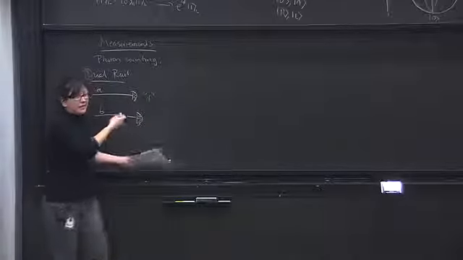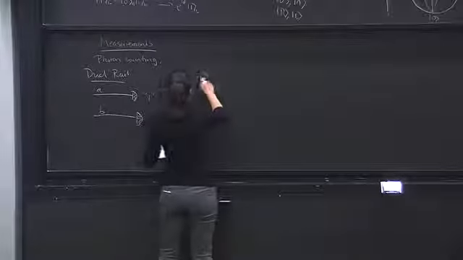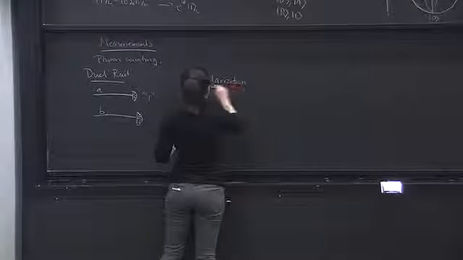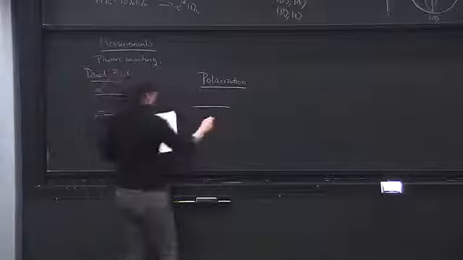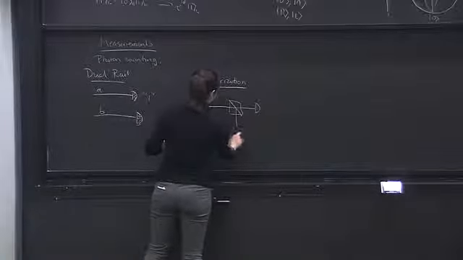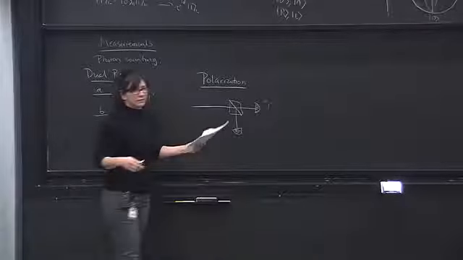And if it goes click, then we know that there's a single photon there. And similarly for polarization, we have just one spatial mode, and then we're going to split it up on a polarizing beam splitter and put detectors here, and then wait for one of them to go click.